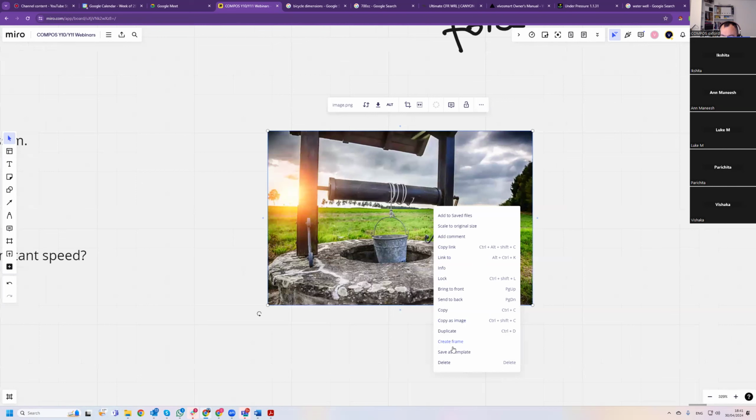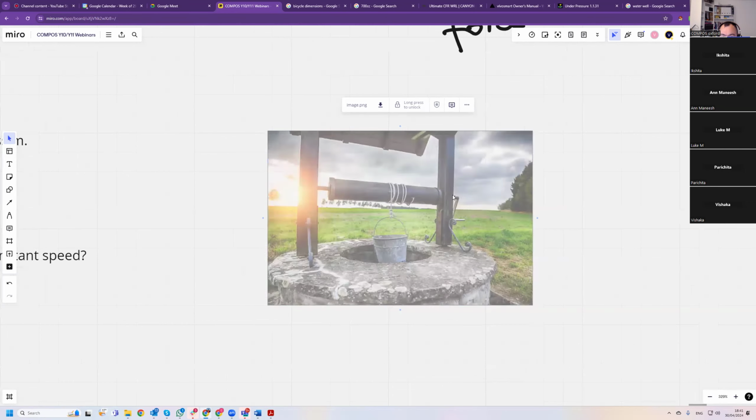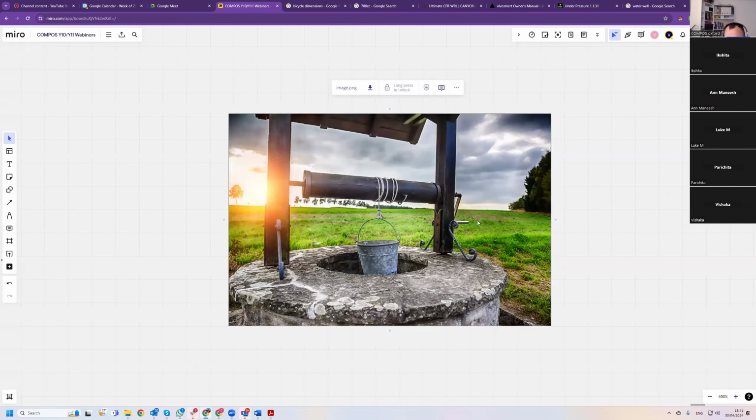The water well acts as a force multiplier. So why does it act as a force multiplier? Because the handle goes around a circle like this, but the rope goes around the circle like this.